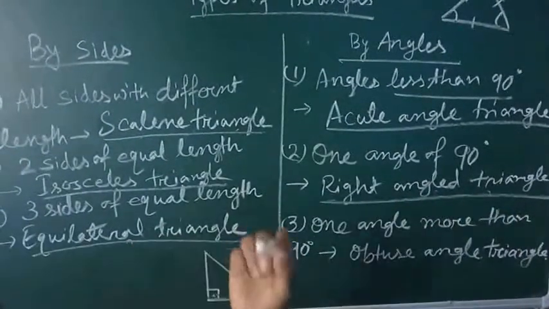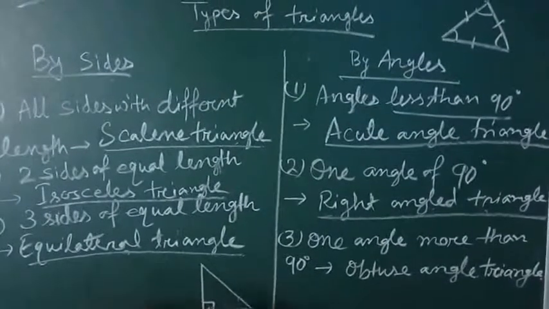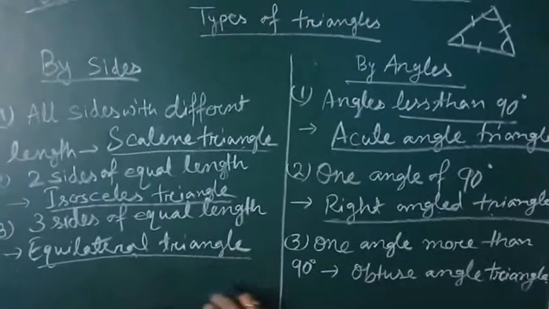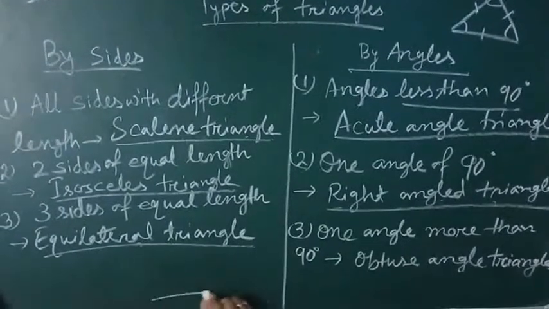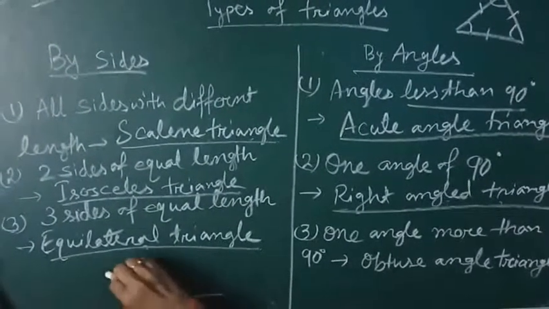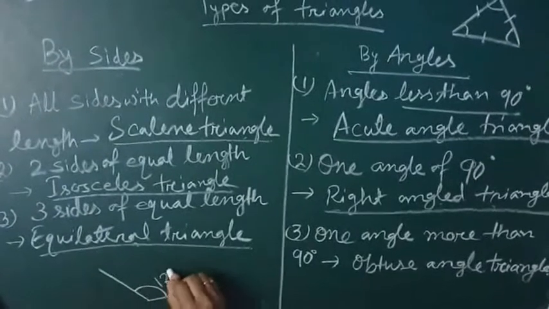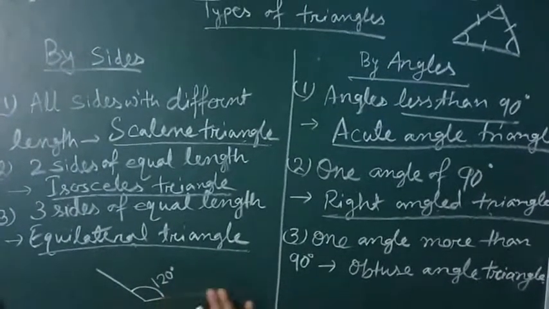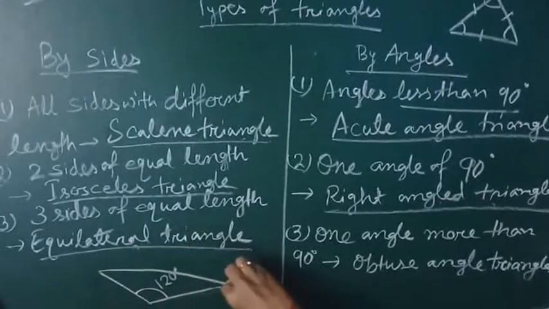Okay, now come to the last type based on the angle. Suppose, as we have discussed about 90 degrees, that is the measure, we are taking the midpoint. So take a triangle where one angle is more than 90, let it be 120 degrees. Now I am adding these two vertices.